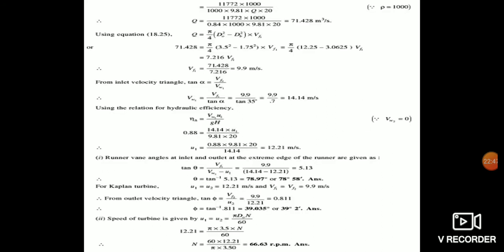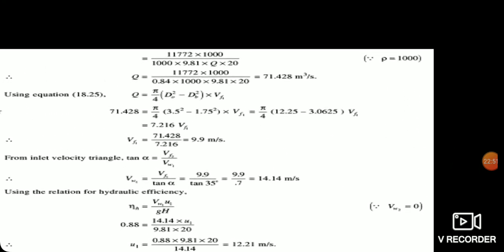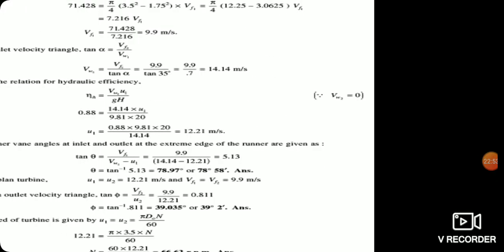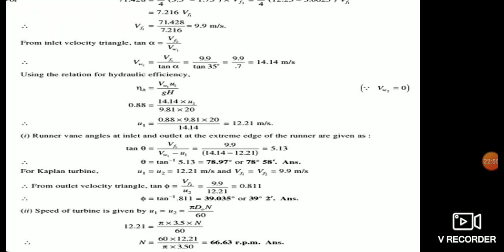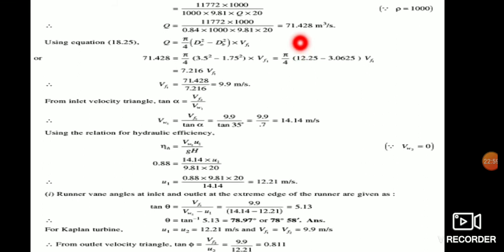So from this calculation, if you substitute all the values, Q is the only unknown, and in this equation Q is coming as 71.428 meter cube per second, SI unit. Then by using this equation we want to calculate what?